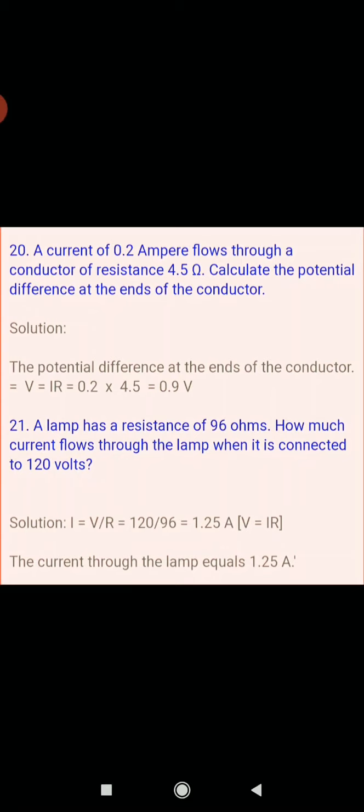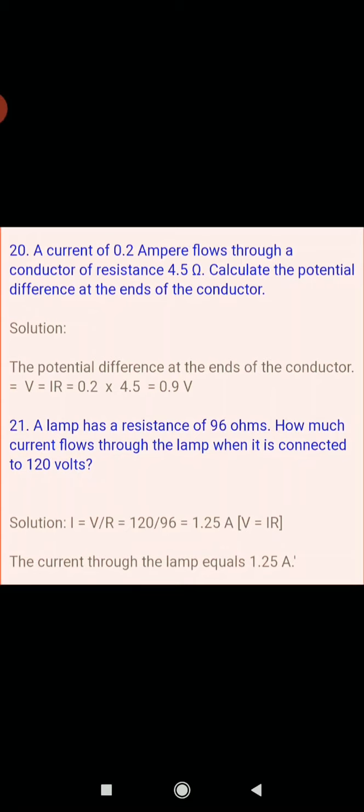So we want to find out the current I through the lamp when it is connected to 120 volt. 120 volt is the potential difference or voltage. So V is equal to 120 volt. So we want to find out current I.